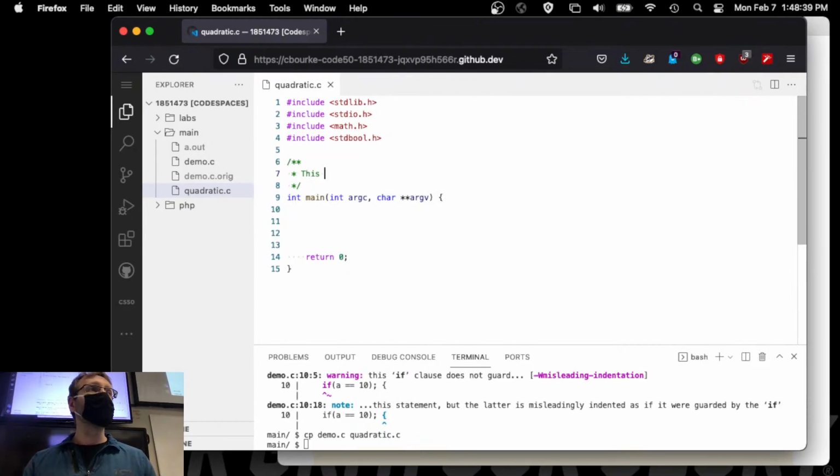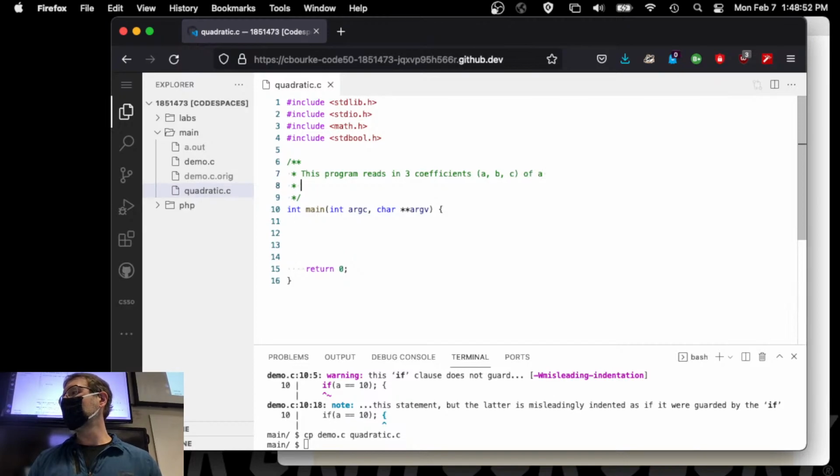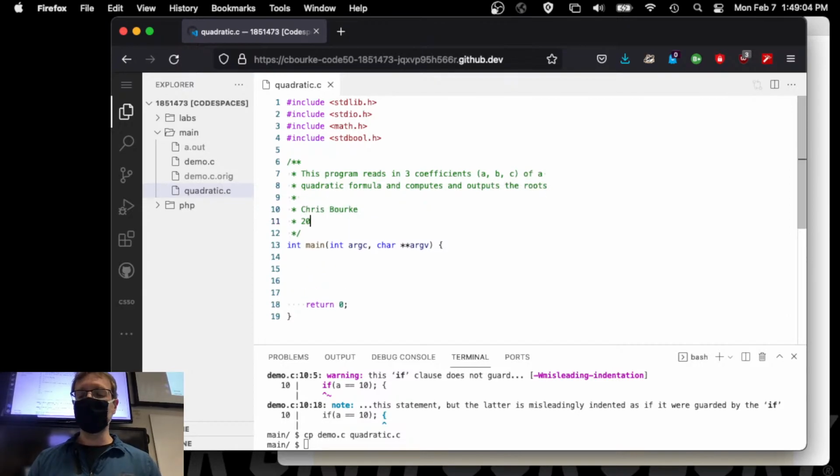Let's document what this program is all about. This program reads in 3 coefficients, A, B, and C, of a quadratic formula, and computes and outputs the roots. Right? Author, me, and date.